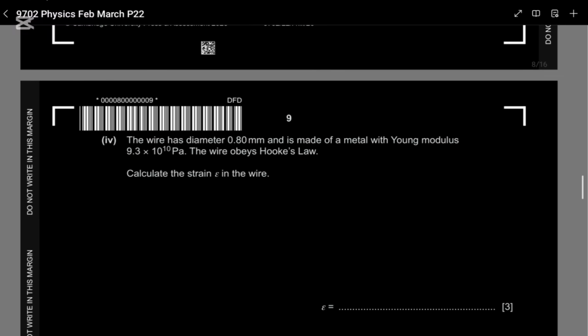Part IV says that the wire has diameter 0.80 millimeter and is made of a metal with Young modulus 9.3 times 10 to the power of 10 pascals. The wire obeys Hooke's law. Calculate the strain in the wire.